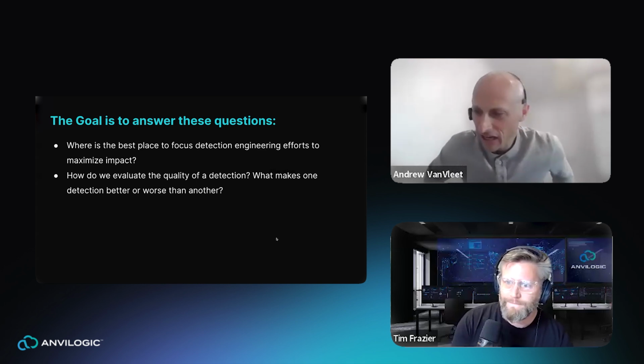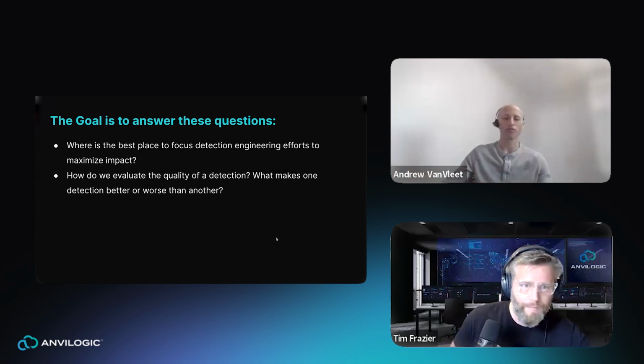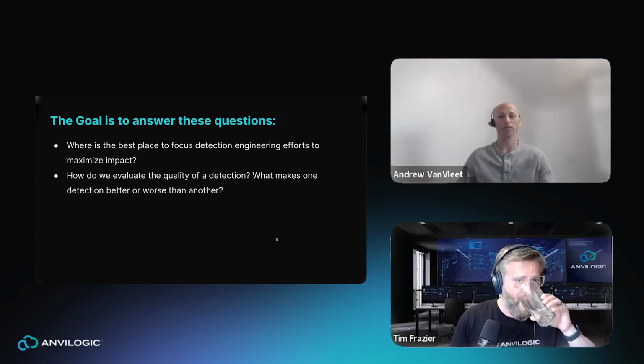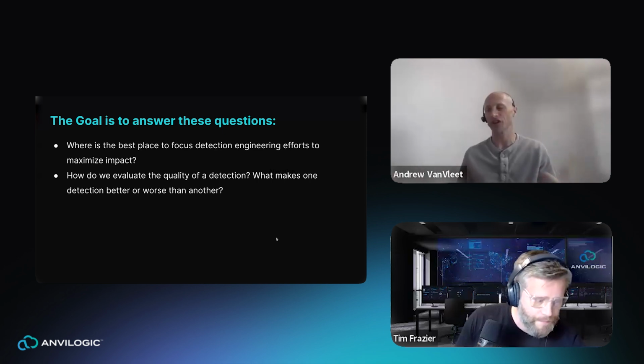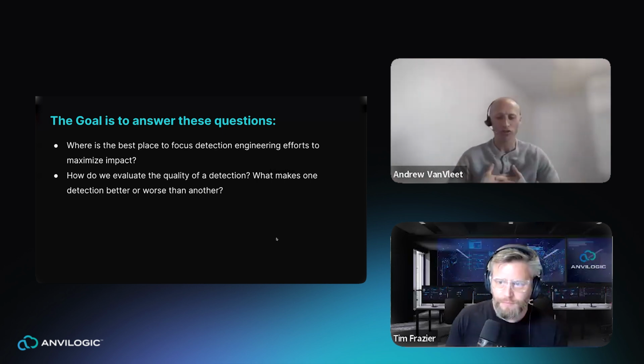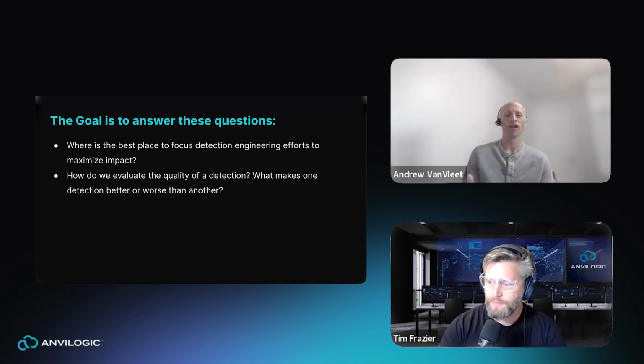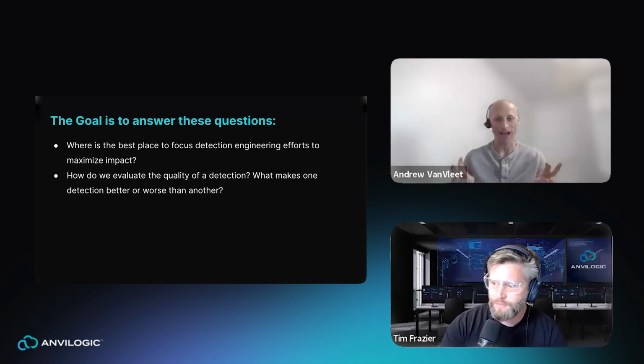Yeah, in my blog post, I actually offer a little bit of pseudo math to try and be able to evaluate one detection against the other. But what I was going for is, during that decade, there's always these debates about what makes a detection good or bad, or why this strategy is better than the other.